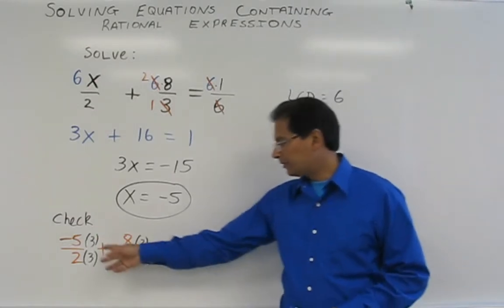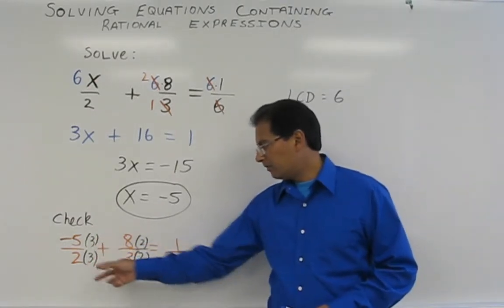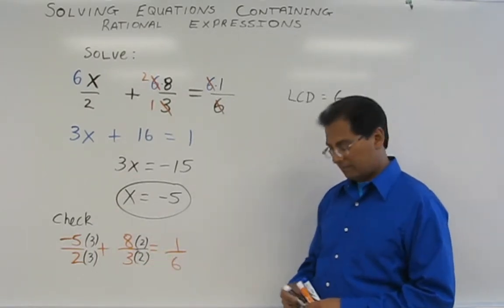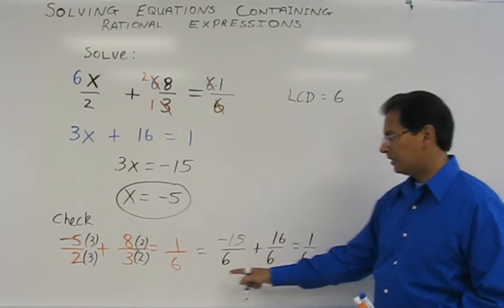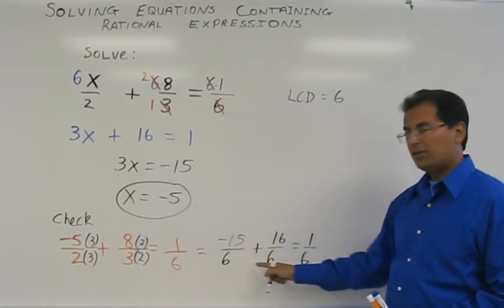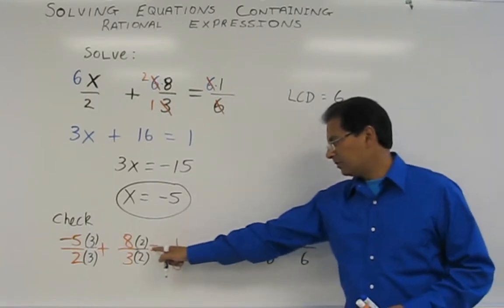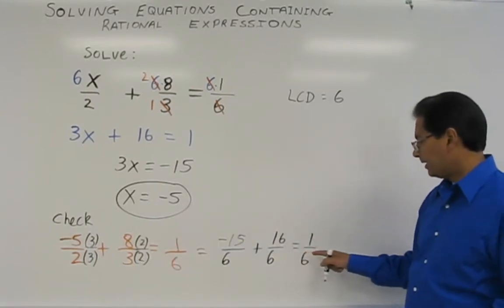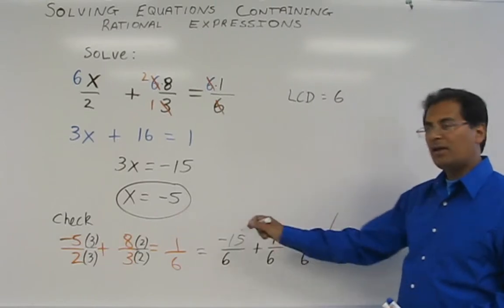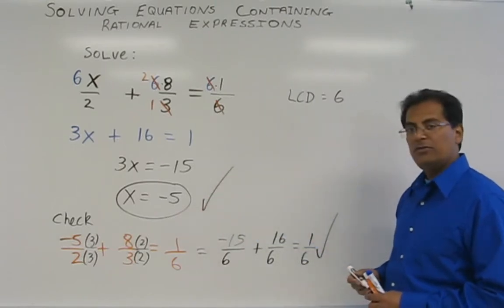We multiply this one by 3 over 3 and this one by 2 over 2, and so what we end up with is negative 15 over 6, because negative 5 times 3 is negative 15, plus 16 over 6, because 8 times 2 is 16. Is that equal to 1/6? And we see yes, that is. So this checks out. So this is the solution.